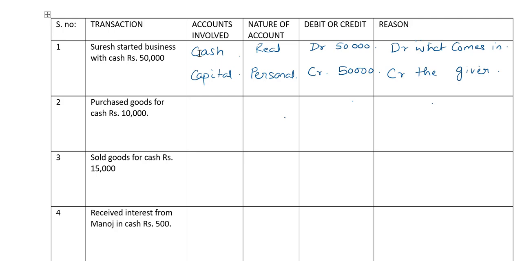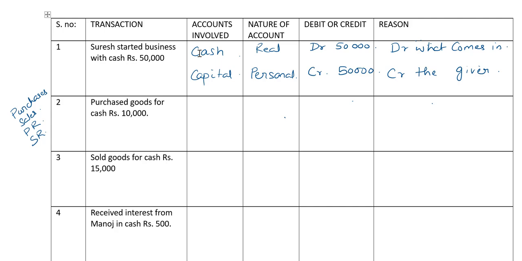Purchase goods for cash rupees 10,000. Now whenever stock account is involved, there are only 4 options. One is purchases, the other is sales, the third is purchase return, and the other is sales return.